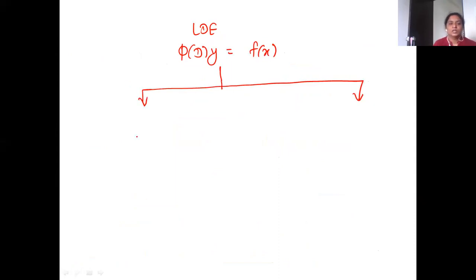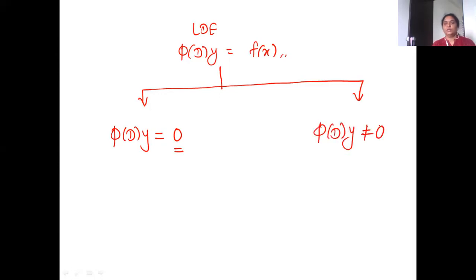The first is phi dy is equal to 0, if the function on the right hand side is equal to 0, and the second is where the function on the right hand side is not equal to 0, meaning phi dy is some function f of x. Understand the two types? On your right hand side, the function is 0, and in the second type the function is non-zero.